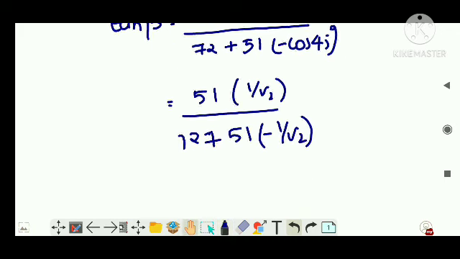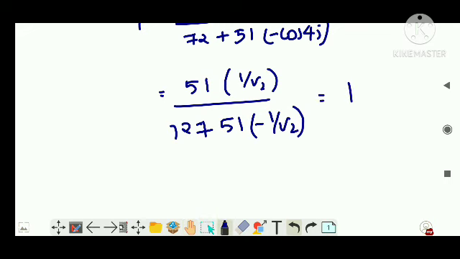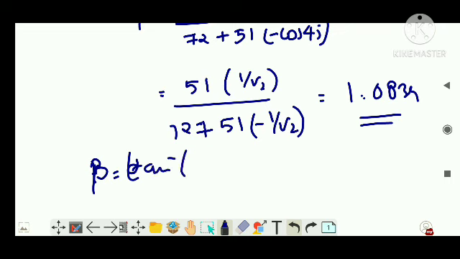So you will get a value of around 1, not exactly 1, it is more than 1, around 1.0039 something. So that means beta is tan inverse of this value, which is close to 1 but greater than 1. If it were tan inverse 1, you could have written 45 degrees. So the angle is definitely greater than 45 degrees. Let's say it is 45.1, right?